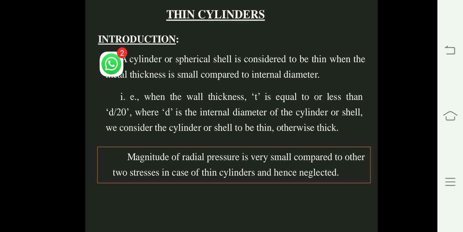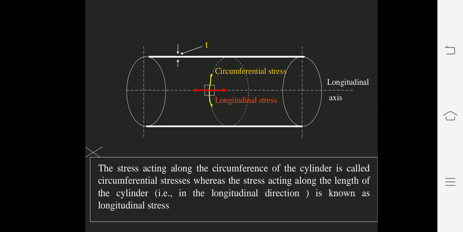If the internal diameter of the cylinder is 20 mm and the wall thickness is 40 mm, this is classified as a thick cylinder, not a thin cylinder, because the wall thickness is more than the internal diameter. Is it clear?